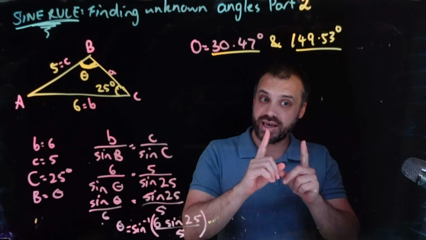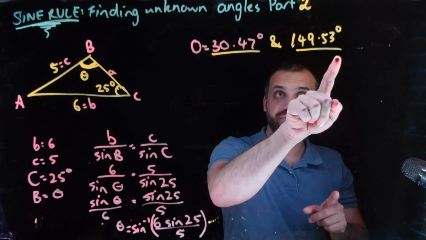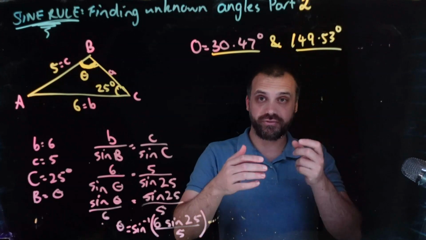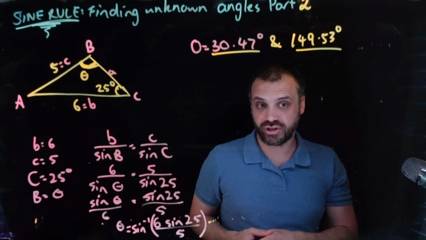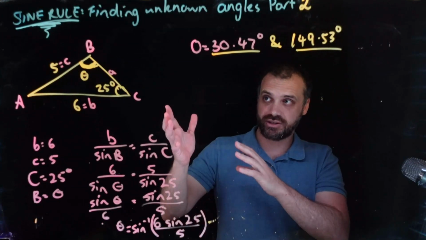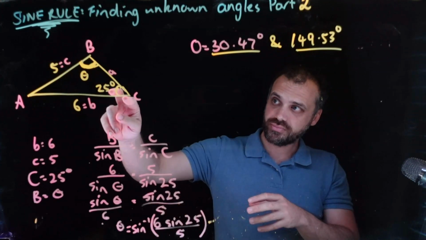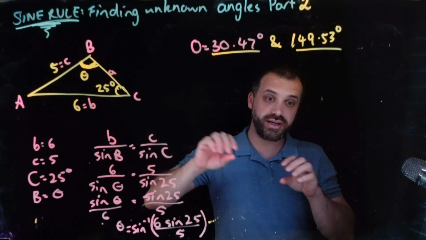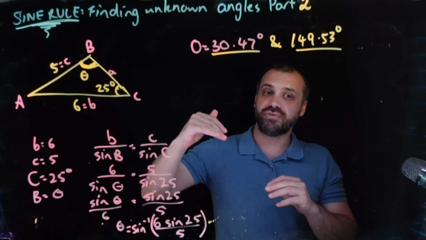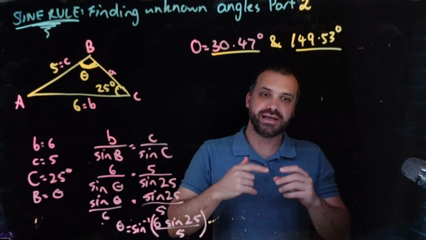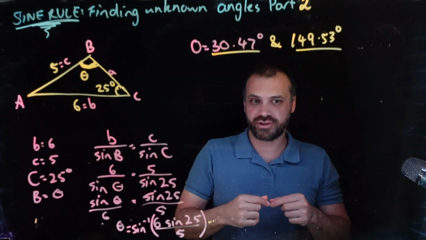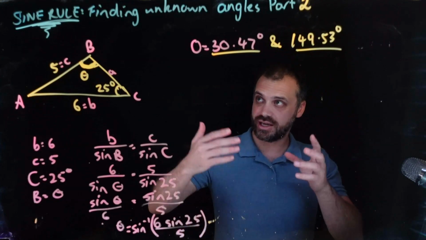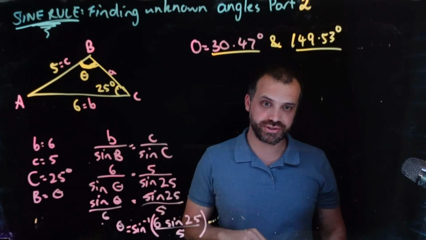And then at the end, check to see if your big answer fits into the triangle or if your small answer fits into the triangle. Both of those answers need to fit into the triangle. If the angle you know and the angle you found add up to more than 180, it doesn't work. If they add up to less than 180 degrees, it works, it's a solution. In this case, I've got two solutions. Beautiful.